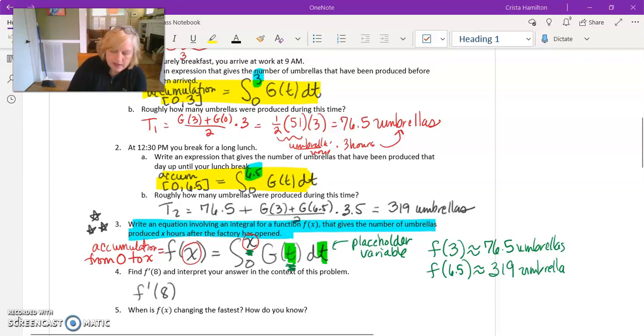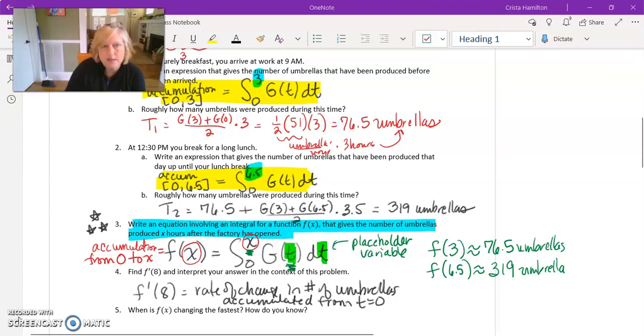So f prime of 8, that's going to be the rate of change in the number of umbrellas accumulated from when the factory opened at t equal to 0 up until 8 hours after they opened.